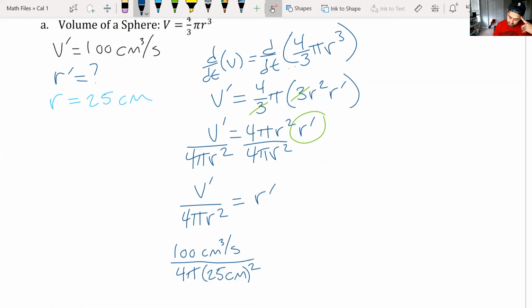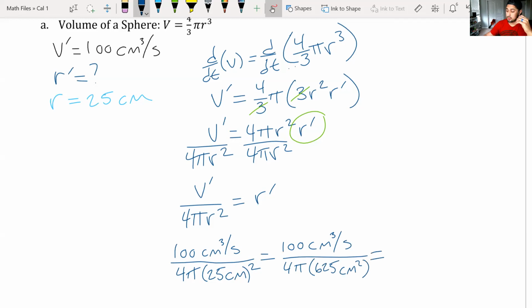And then this is going to become 100 centimeters cubed per second over 4 pi times 625 centimeters squared.